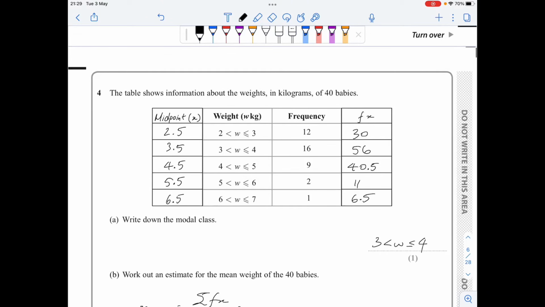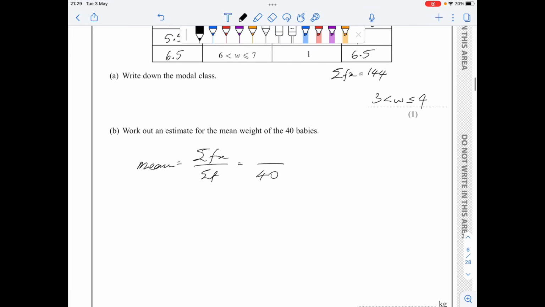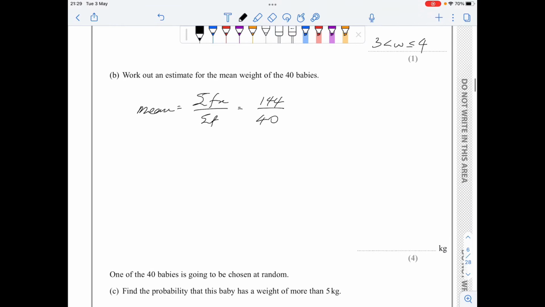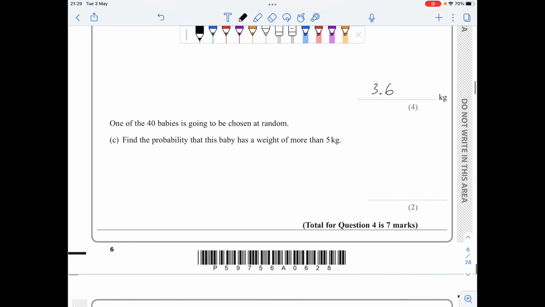Now if I find the sum of this column, it's going to be 144, and this is what I will divide by 40 to get an answer of 3.6 kilograms.